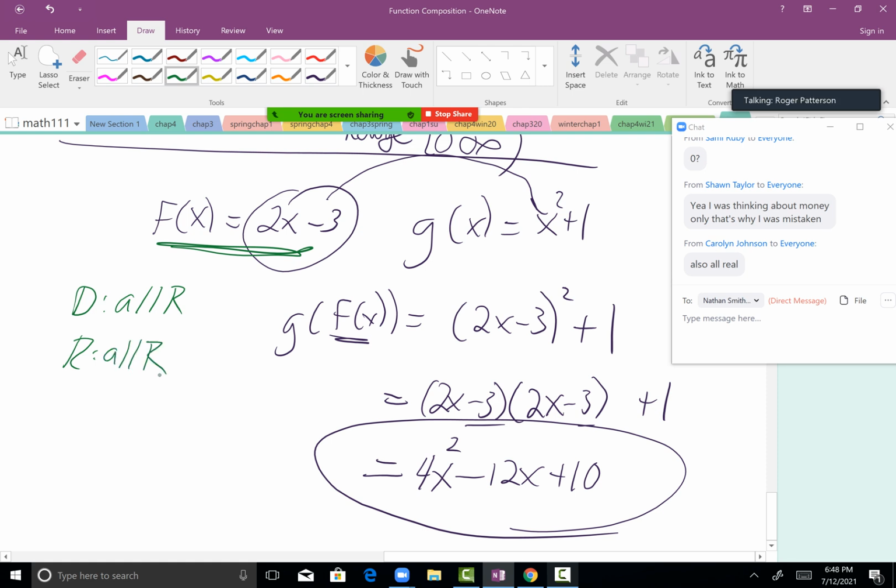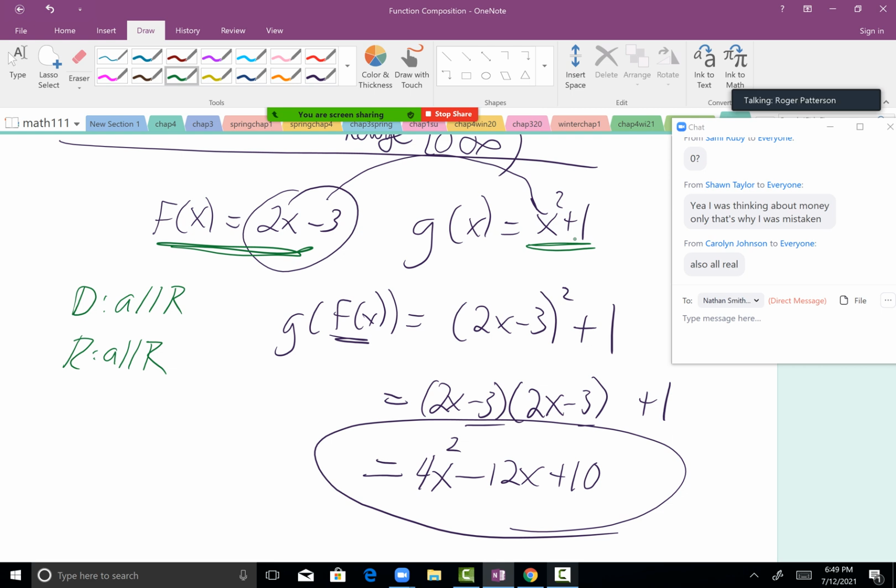So that's all reals. Now those outputs become my inputs, right? So I really want to check this thing now. I look at that x squared plus 1. Is there anything that I can put in there for x that's going to give me a problem? Because if there is, then I got to fix it.